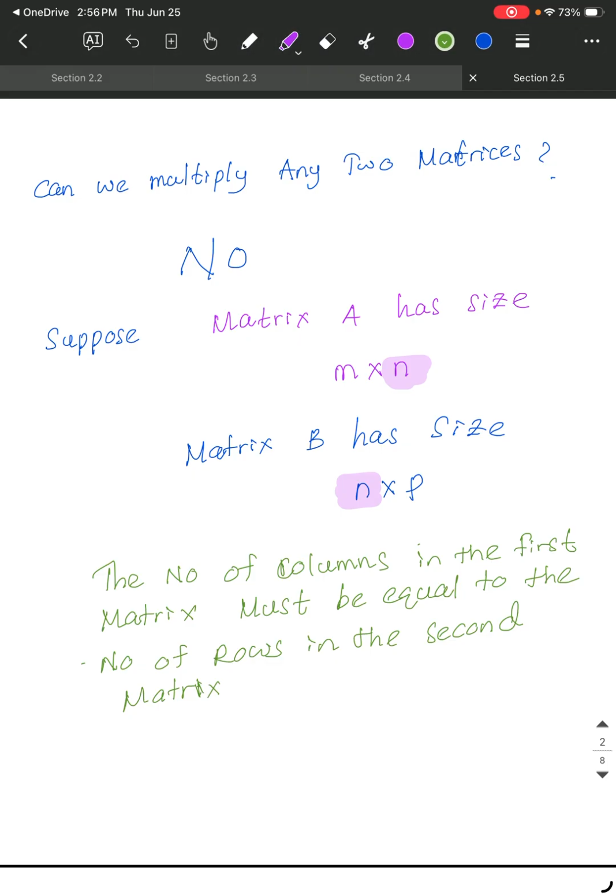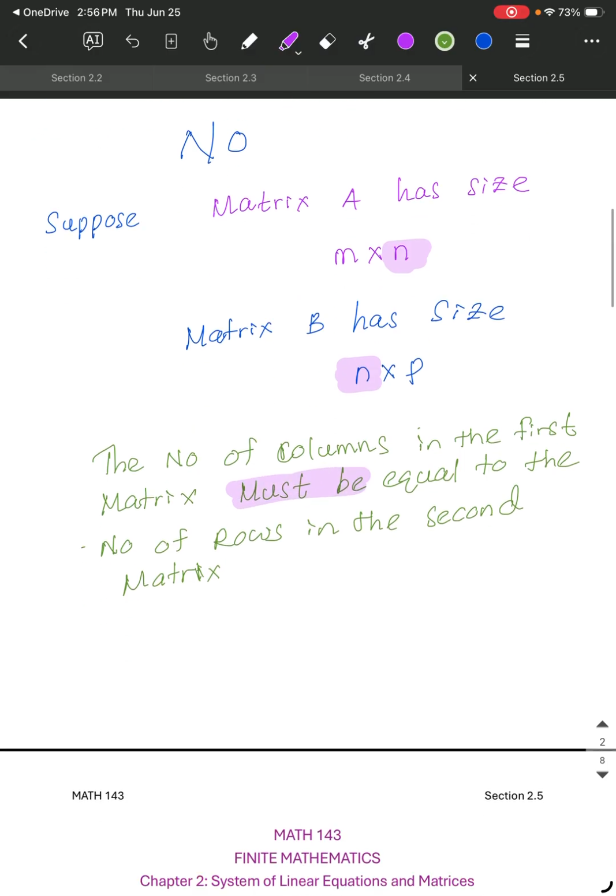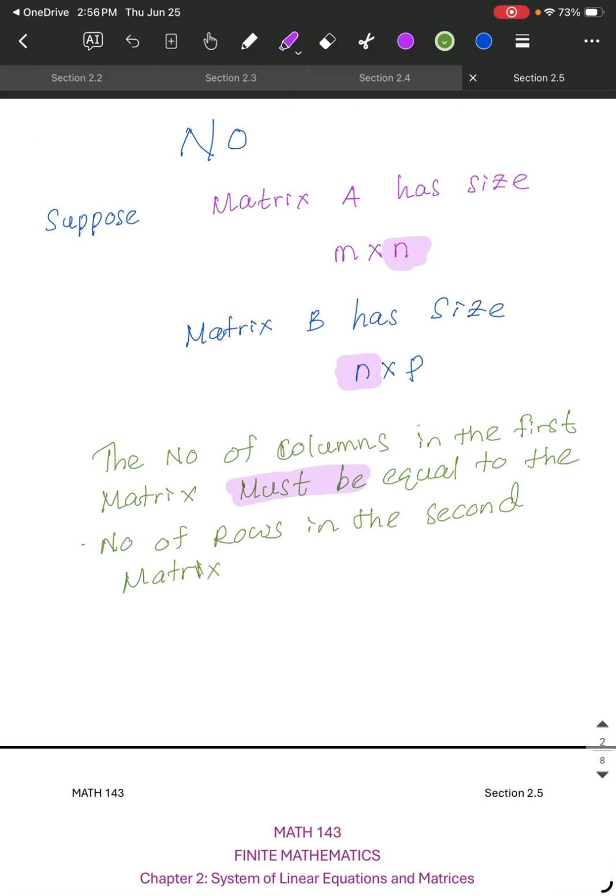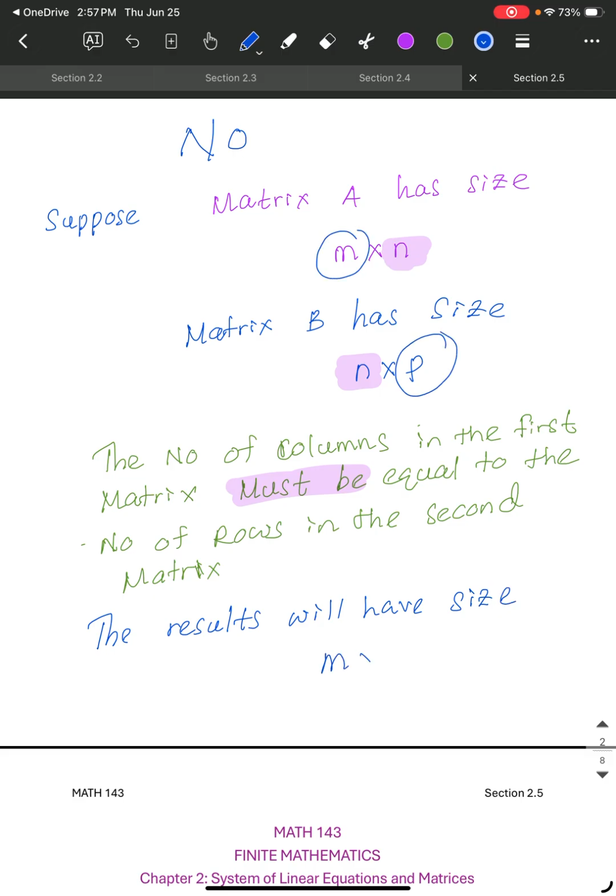So the inside numbers must match. If they match, multiplication is possible. The result will have the size m by p.